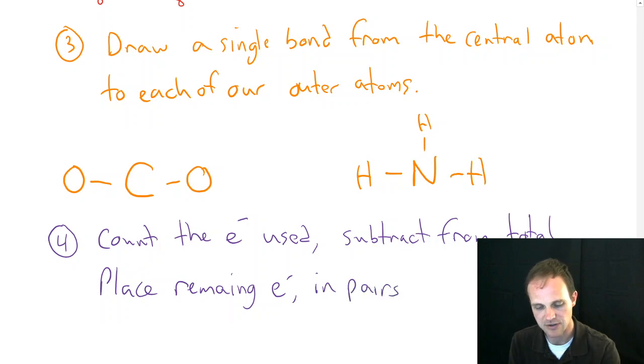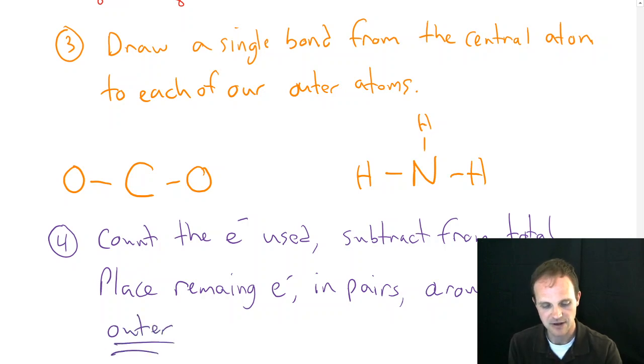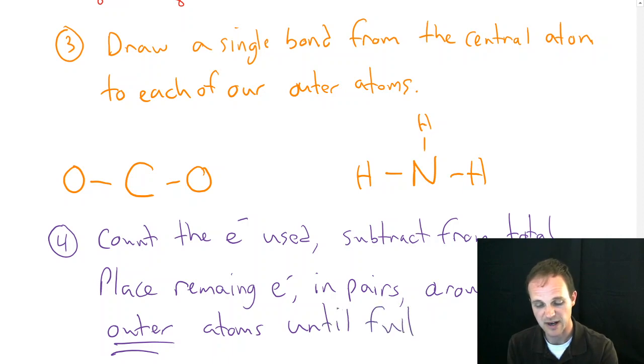Always work with electrons in pairs when you can, which is 99.9% of the time, and in this class, 100% of the time. Place the remaining electrons in pairs around the outer atoms. That's very important, until you're full, or you run out of electrons.